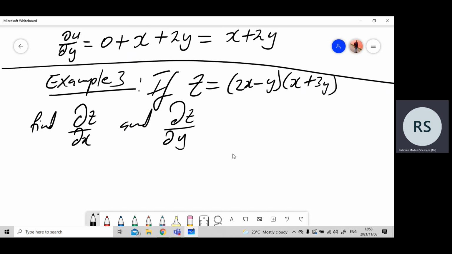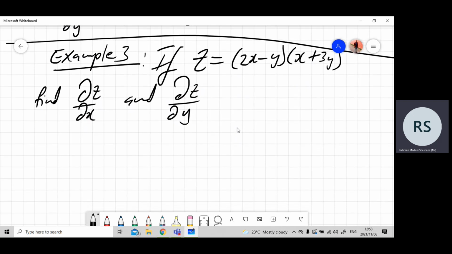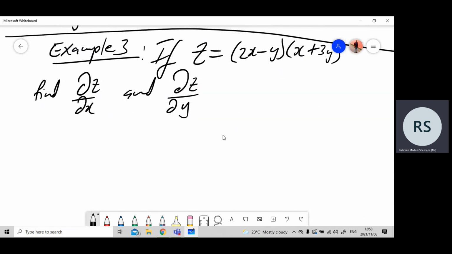You're given a function, it's a function of two variables, and then you want to find a partial derivative of two variables. Okay. Solution.